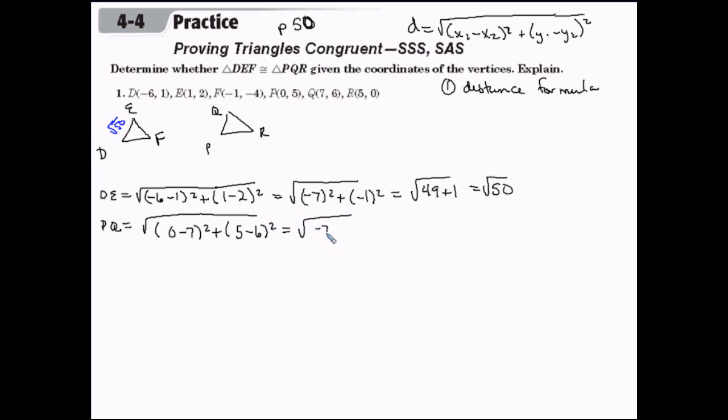So I get -7 squared and -1 squared. And these match. So if I keep going, I'm going to get the square root of 50. I don't actually have to finish doing the work. I can already tell that they match. So those are good. So then I'm going to try EF and QR.